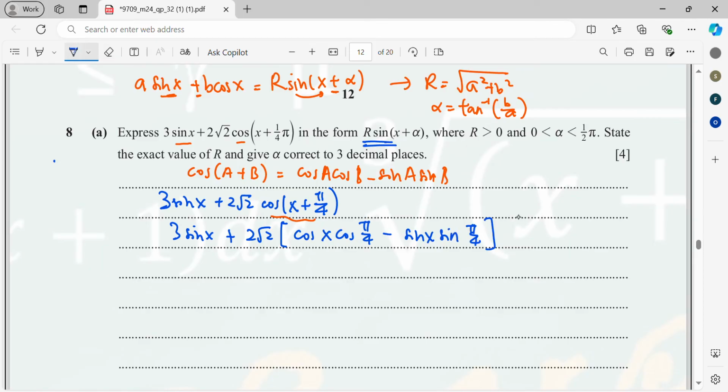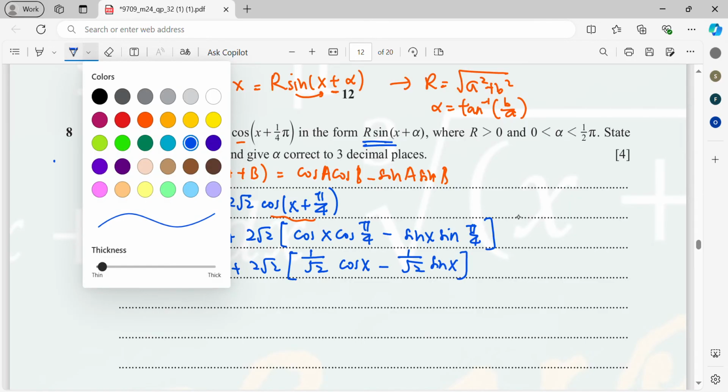For your information, cos pi over 4 is 1 over root 2, so I will get 1 over root 2 cos x. Same goes to sin pi over 4. It is also 1 over root 2, so 1 over root 2 sin x.